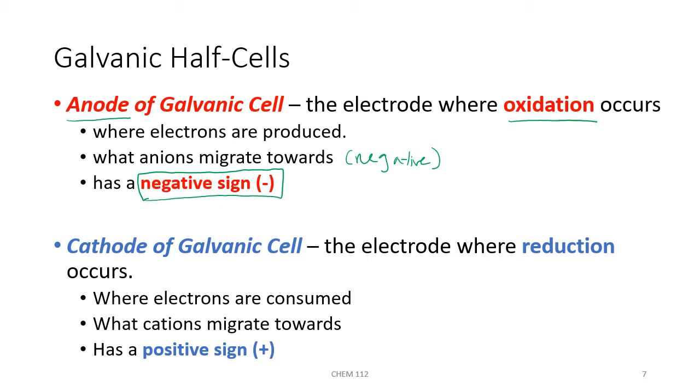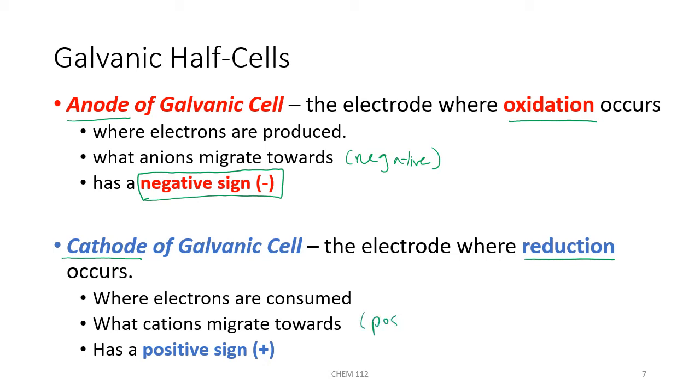The other half is called the cathode. The cathode of a galvanic cell is the electrode where reduction is specifically taking place. So if one side is reduction, that is called the cathode. This is where electrons are being consumed, used up at the reduction side. Cations will migrate towards the cathode of a galvanic cell.